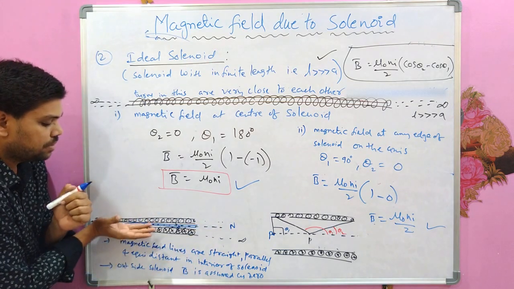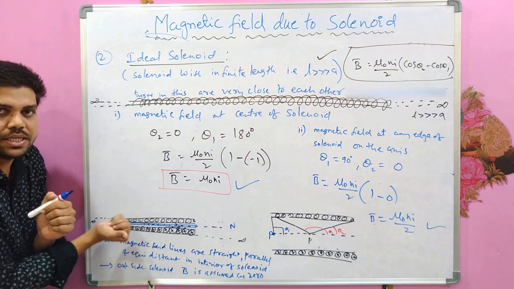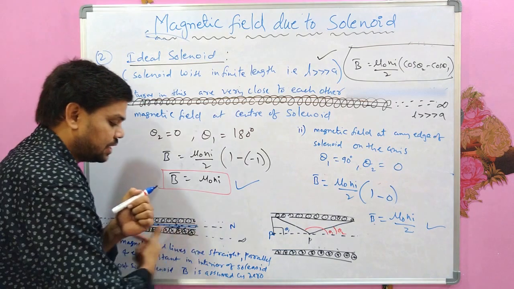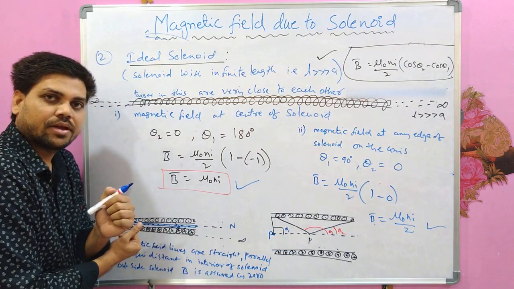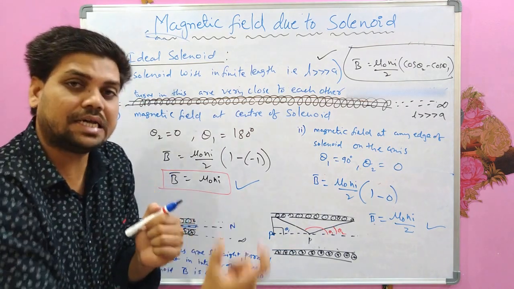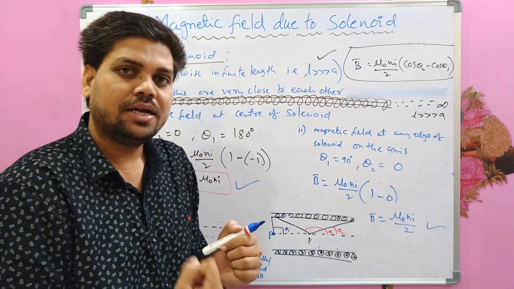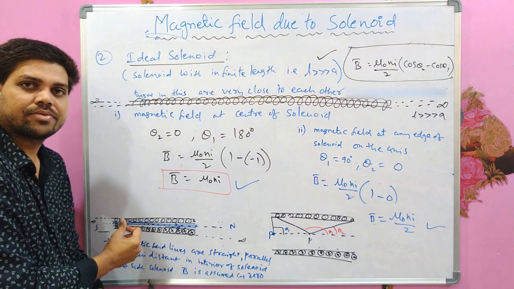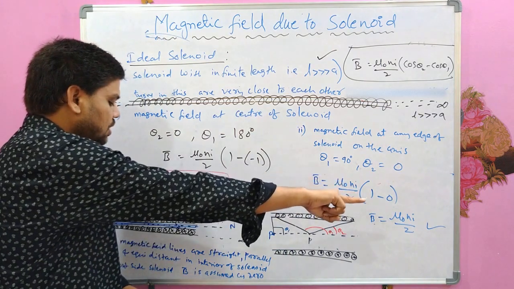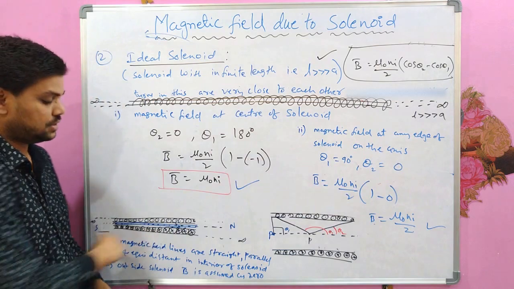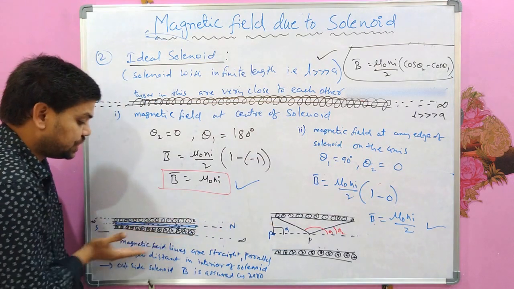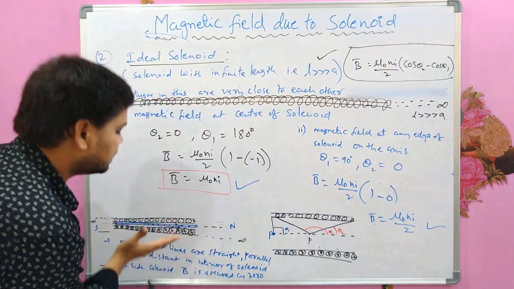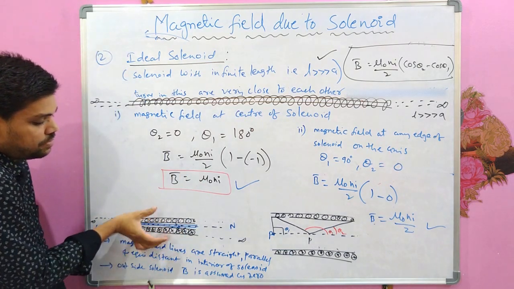And inside, because the turns are very close to each other, the magnetic field produced by each turn is in the same direction. And they join together so that the vector sum of the magnetic field due to each turn in the interior of the solenoid is along the direction of the axis. That too straight, parallel and equidistant. But outside it is assumed as 0 because of its smaller diameter.